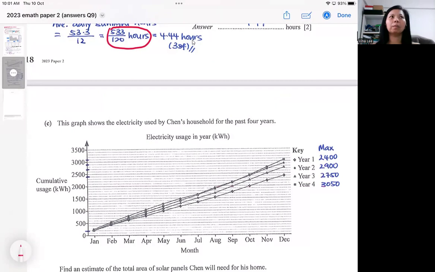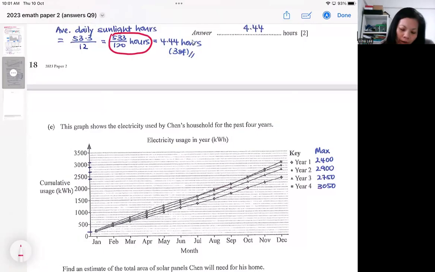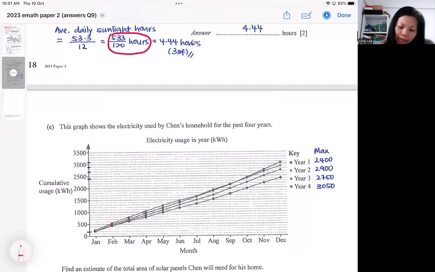To make sure that the solar panel can give enough, we will use the maximum. That means I'm not going to average, and I'm not going to count every single one. If I look at the highest amount, and the solar panel can cater to the highest amount, then it should be safe when he doesn't need to use so much.